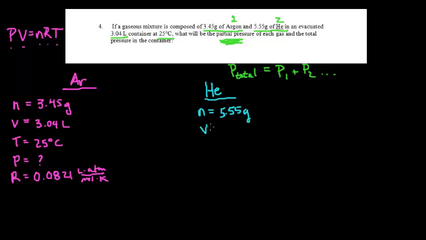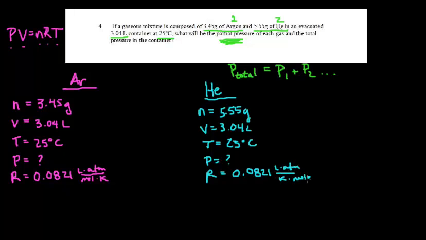And then the rest, it's in the same container, so the rest is going to be the same, 3.04 liters. Temperature is still 25 degrees Celsius. The pressure is, again, still what I'm trying to find, and then we have R because that never changes. It's 0.0821 liters ATM over Kelvin moles.